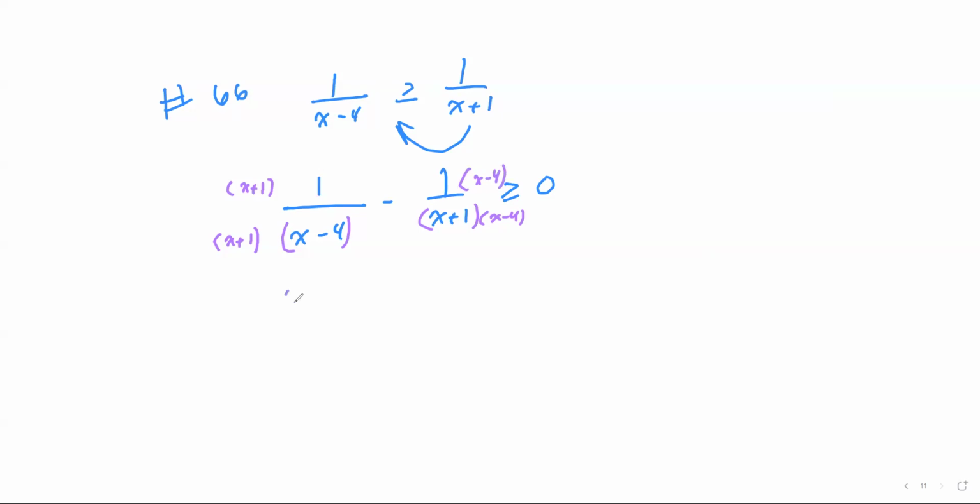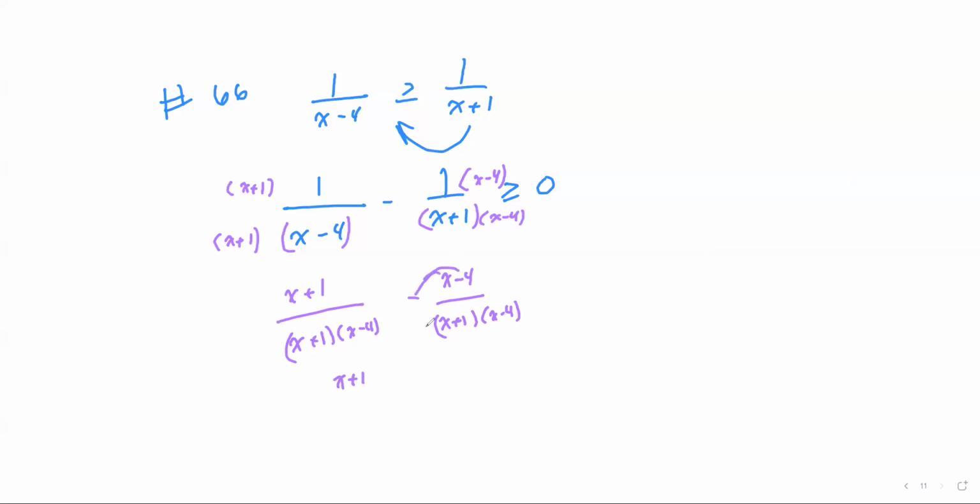All right, so this will become x plus 1 over. I don't want to multiply that, so I'm going to keep it like this. All right, so when I do that, this becomes x plus 1.